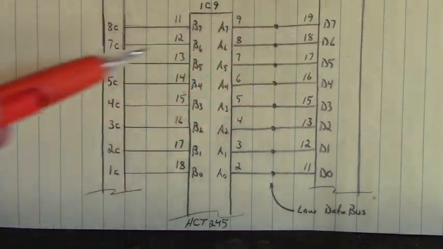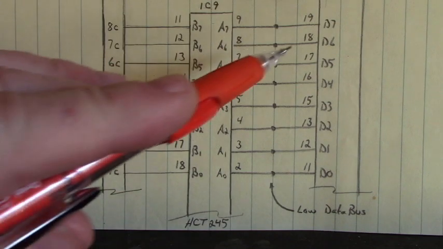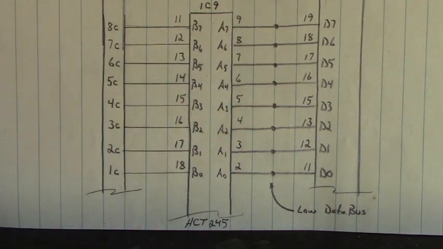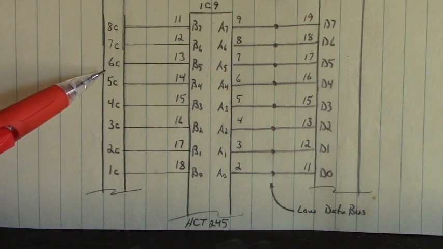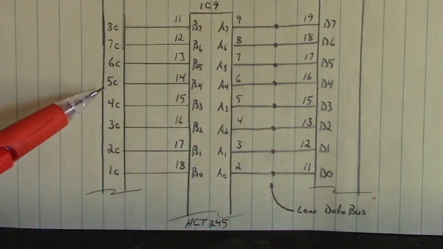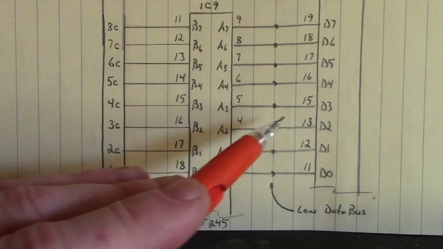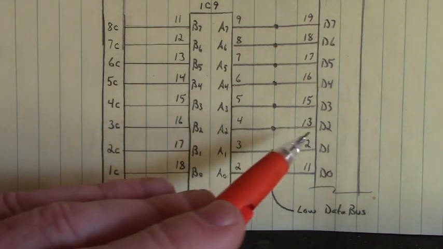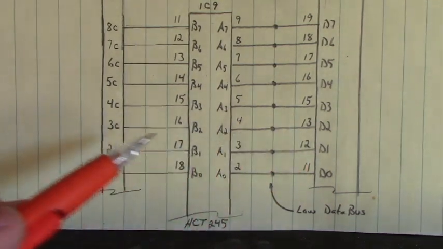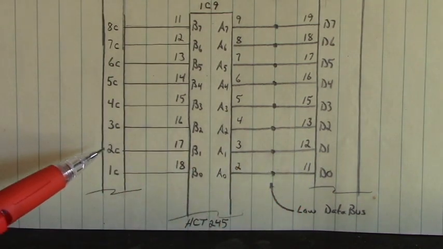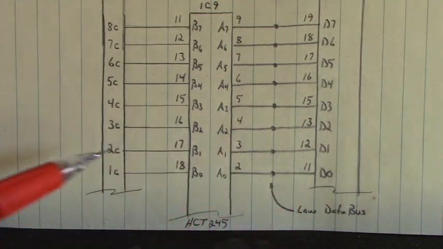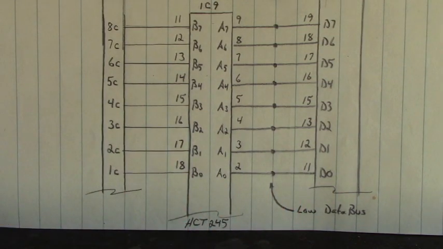So data bit 7 goes to 8C, data bit 6 goes to 7C on that 3-row connector, data bit 5 goes to 6C, data bit 4 goes to 5C, data bit 3 goes to 4C, data bit 2 goes to 3C, data bit 1 goes to 2C, data bit 0 goes to 1C. Isn't that amazing?